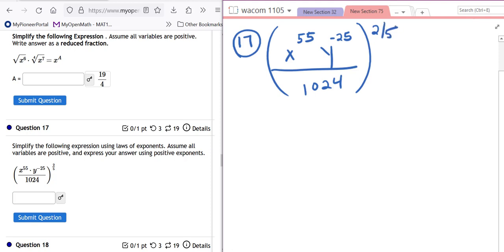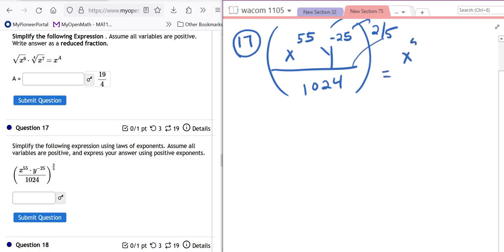All right, and so if we take that down, it goes to the numerator and the denominator. And it will apply to each of those pieces. We can do it just to each one.